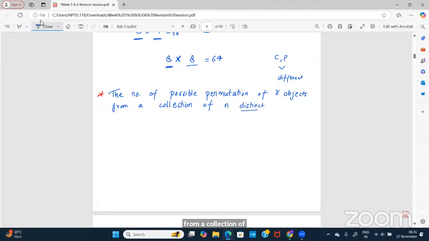Okay, so here the word distinct matters.